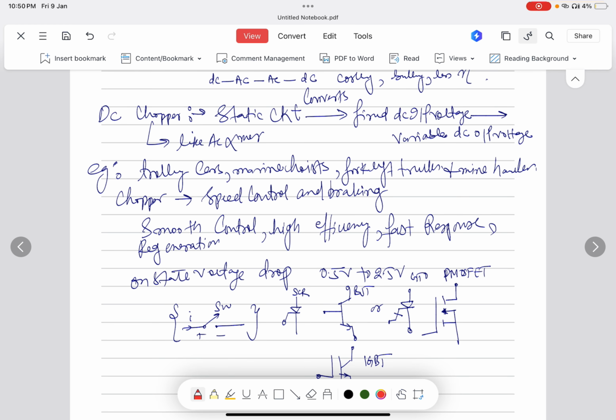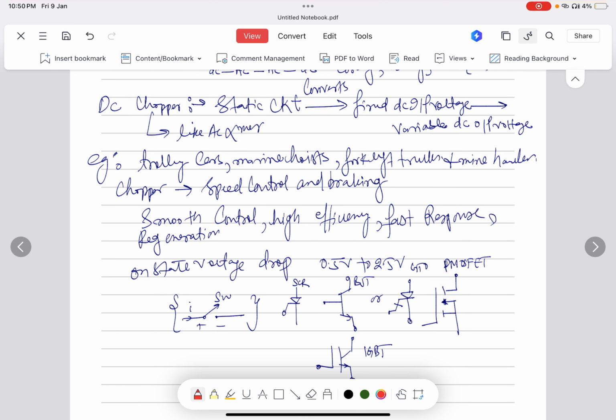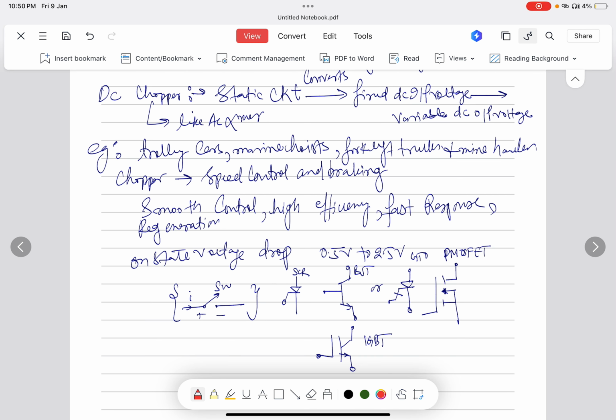Examples are trolley cars, marine hoists, forklift trucks and mine haulers. Choppers are also used in speed control and braking. They give smooth control, higher efficiency, faster response and regeneration. All of these are very good qualities, and we get a variable DC.